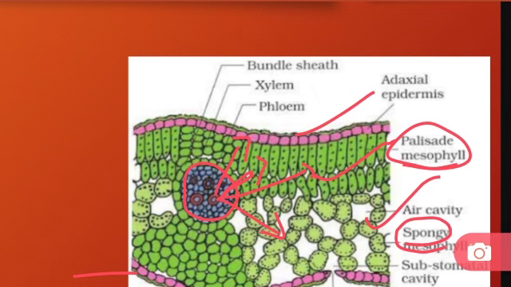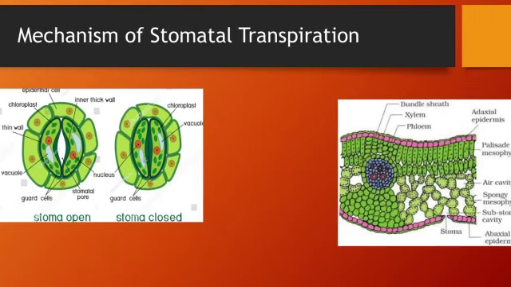Now there is cell-to-cell osmosis, cell-to-cell imbibition, as well as cell-to-cell diffusion of water vapor, and that moves to the spaces present between the cells, and then at last the gas gets diffused through the structure named stomata.